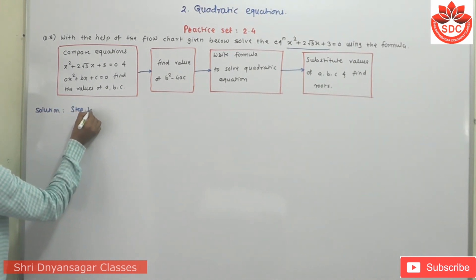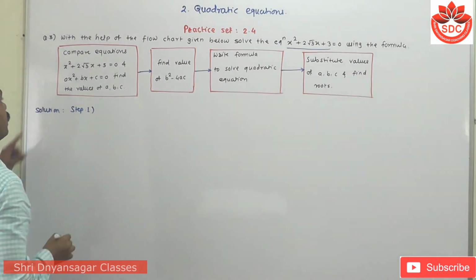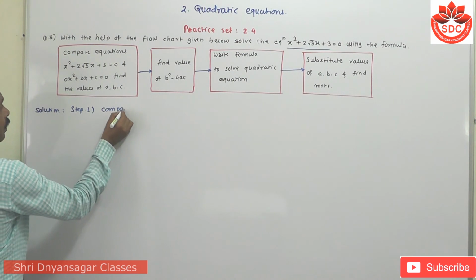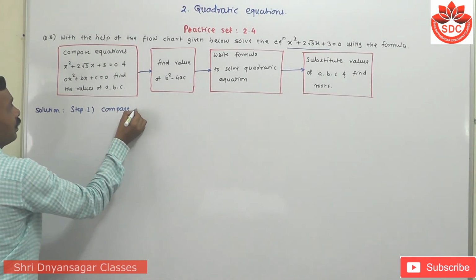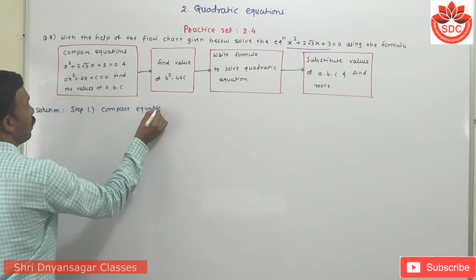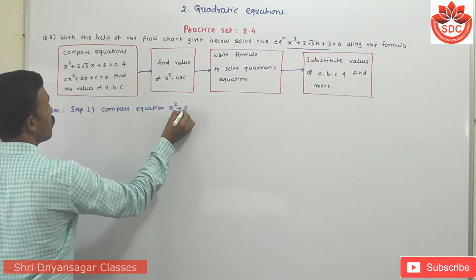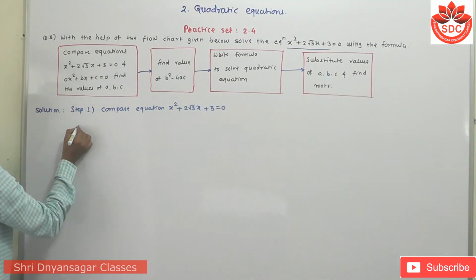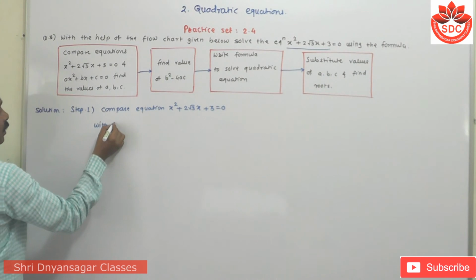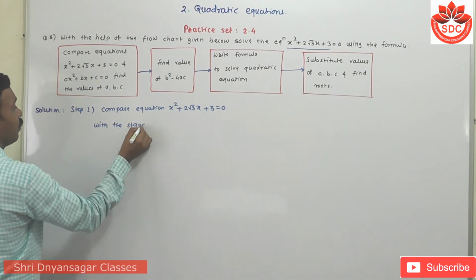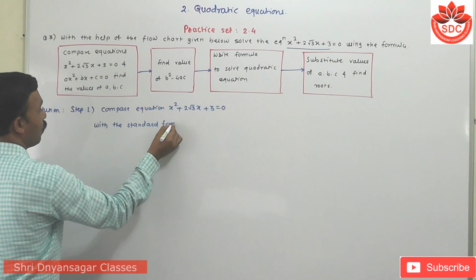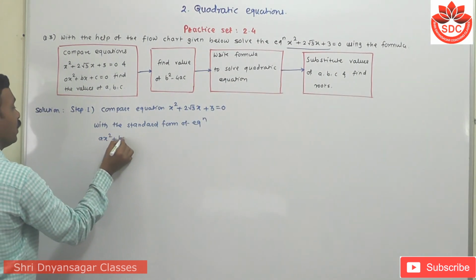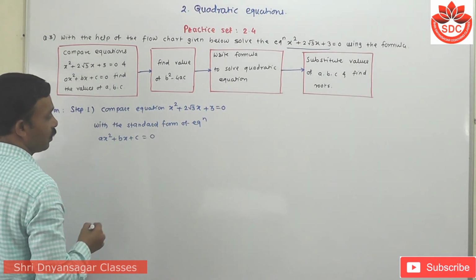Step first: compare the equation x square plus 2 root 3 x plus 3 is equal to 0 with the standard form equation ax square plus bx plus c is equal to 0.